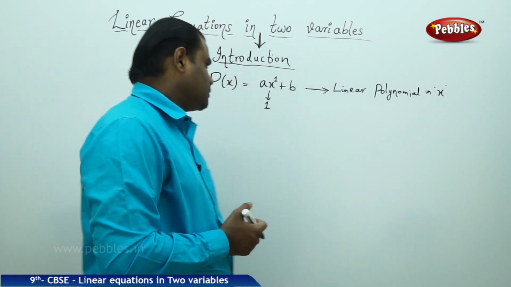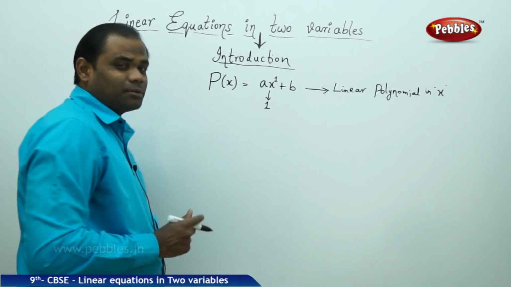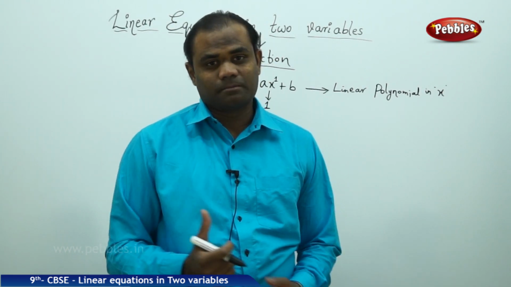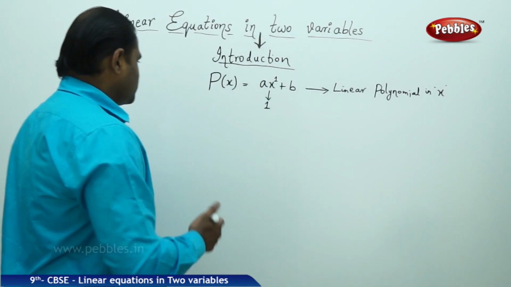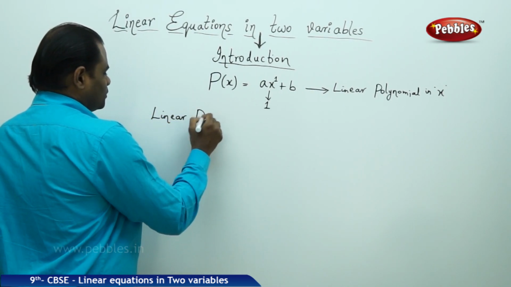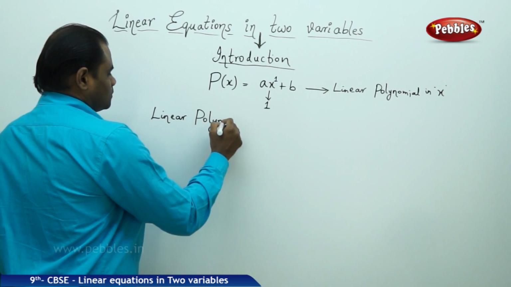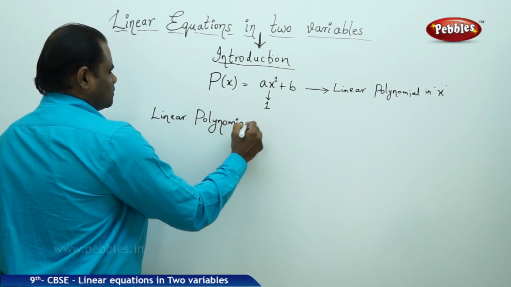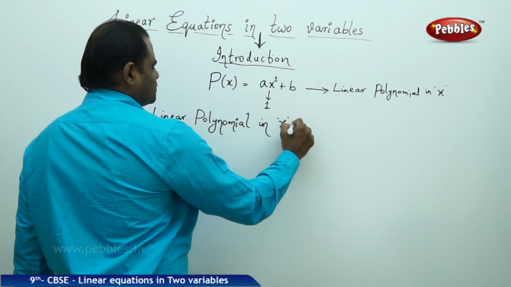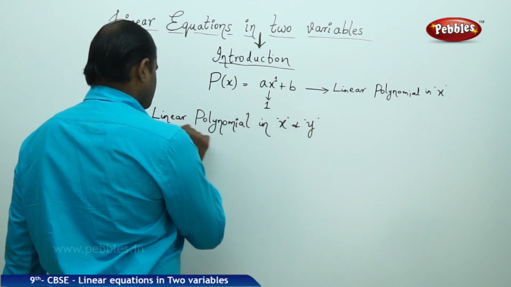Such a polynomial with degree equal to 1 is called a linear polynomial in the variable x. Now let me connect with what could be the linear polynomial in two variables x and y. Let's see how we can define the linear polynomial in two variables x and y.